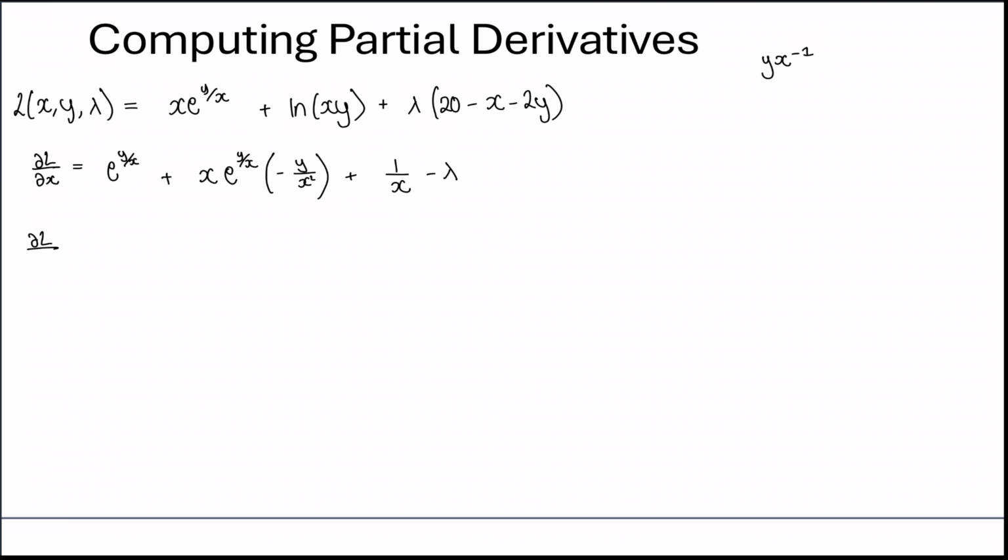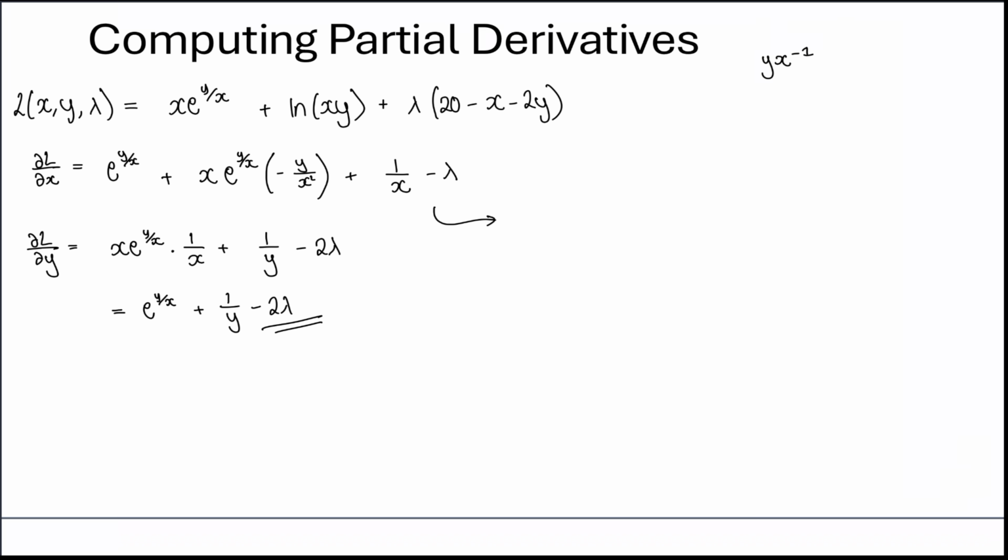Doing the same thing for y, we get x e to the power of y over x multiplied by 1 over x plus 1 over y minus 2 lambda. And so if we simplified this, we would get e to the power of y over x times 1 over x plus 1 over y, minus 2 lambda.